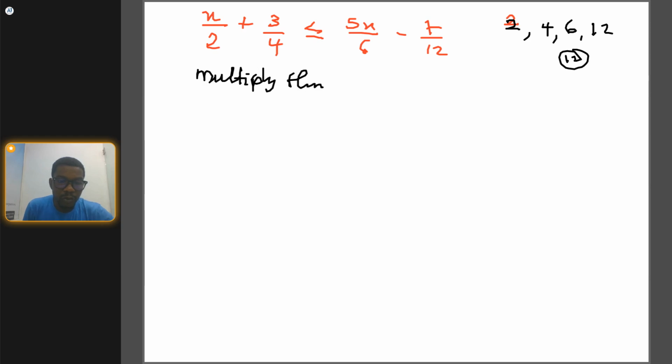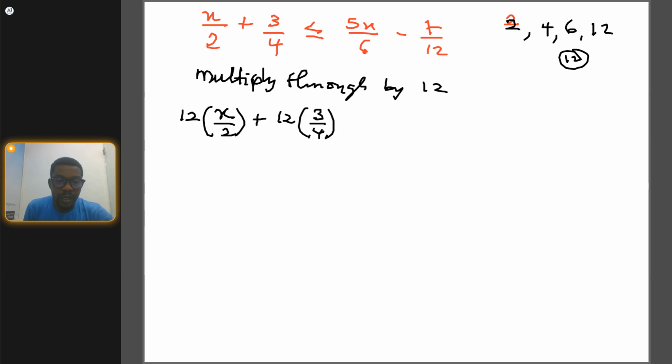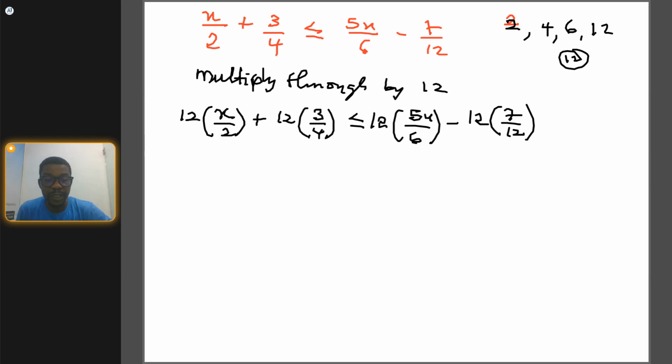That will give us 12 into the bracket x over 2 plus 12 into the bracket 3 over 4 is less than or equal to 12 into the bracket 5x over 6, close the bracket, minus 12 into the bracket 7 over 12. Now we've multiplied through by 12, and that will make the work easier.